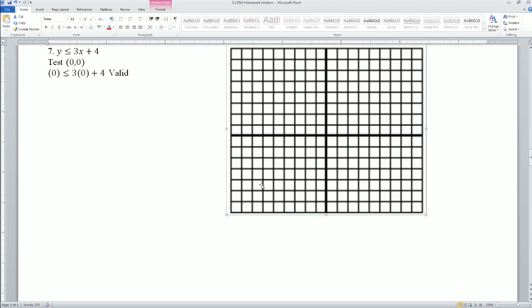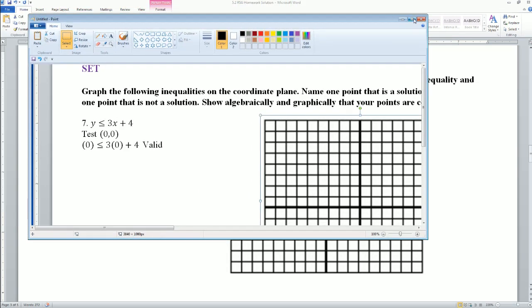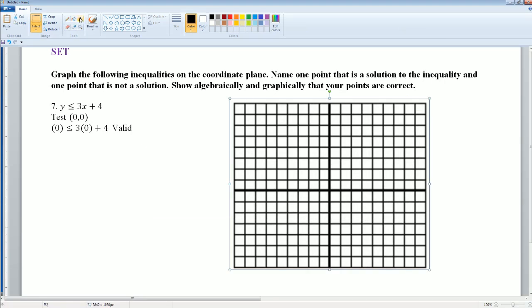Alright, how do I do this? Let's just grab that in Paint to make our lives so much easier. Alright. So again, you want to start at the y-intercept. This is the y-intercept. So start that at 4. So this is the origin. This is 0.